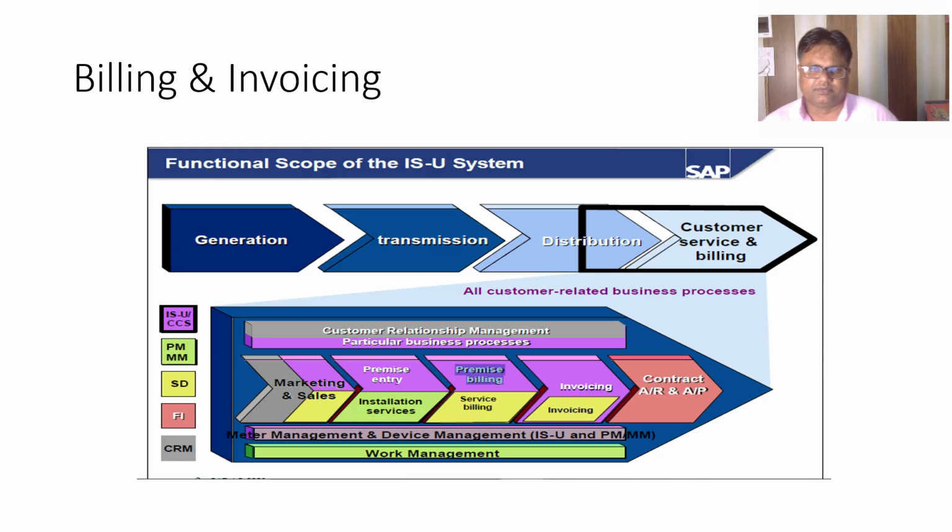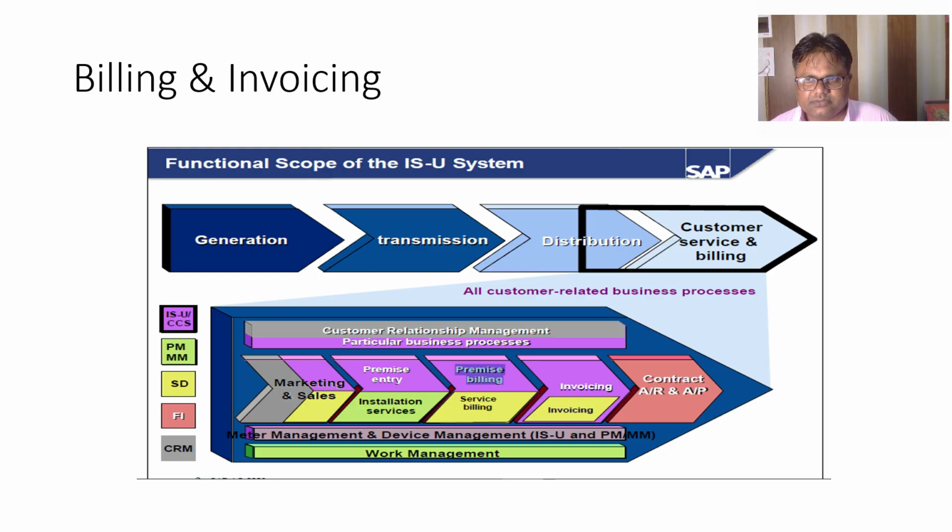So we do the work management. We maintain all your service related activity plans, your service orders, and we create the service notification. Suppose the customer makes an inquiry for meter inspection, we have to create the service notification for the meter inspection. Based on the service notification, we create your service order.